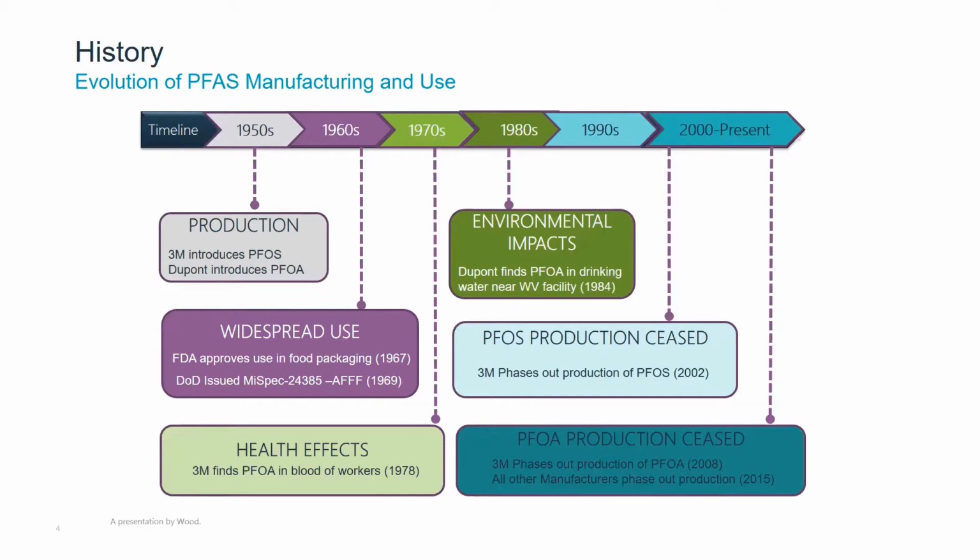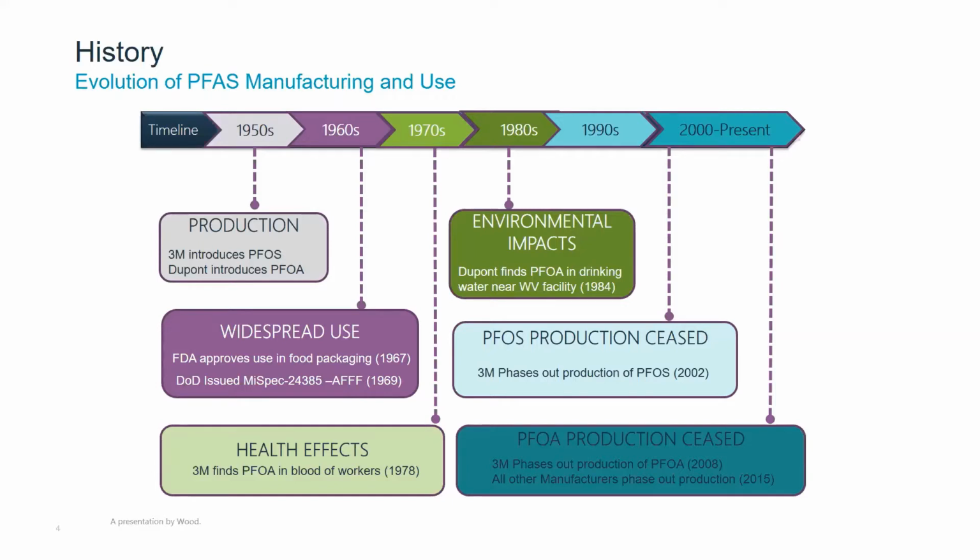And because PFAS has amazing stain resistance properties and other properties, it's very useful to impregnate fabrics with. We see use of it in carpeting, in clothing, in anything essentially that could be stain resistant or water resistant.